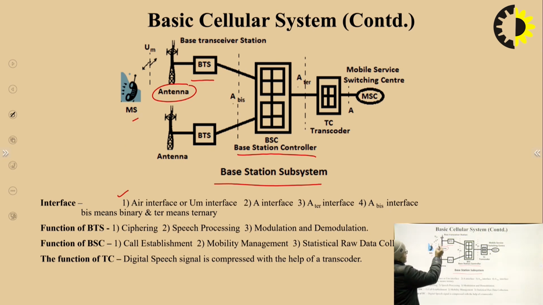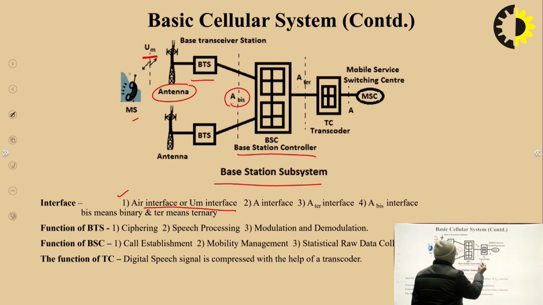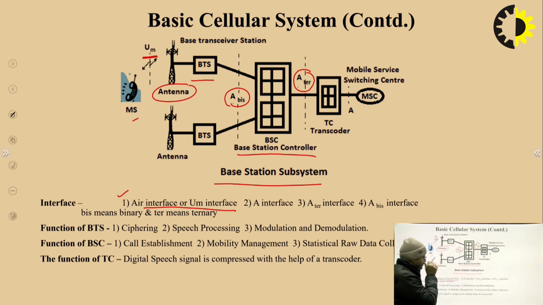The interface between mobile station and antenna is represented by Um, the air interface. The interface between base transceiver station and BSC is represented by A-bis. Similarly, the base station controller and transcoder are connected with the A-ter interface.